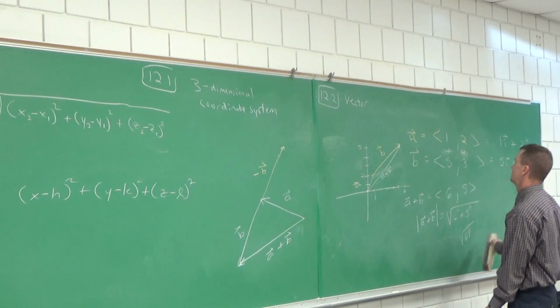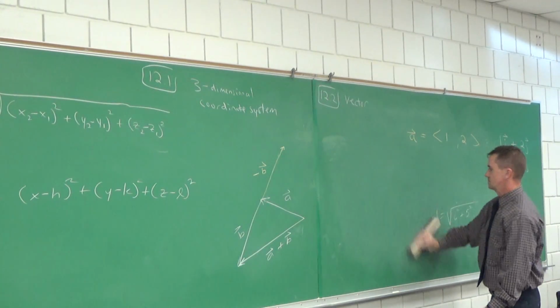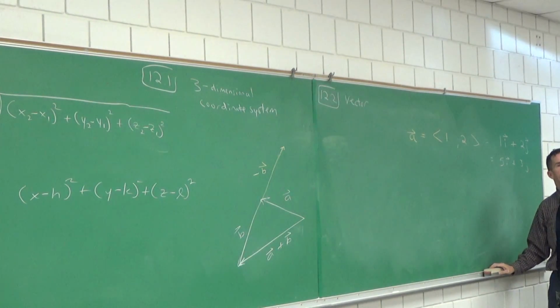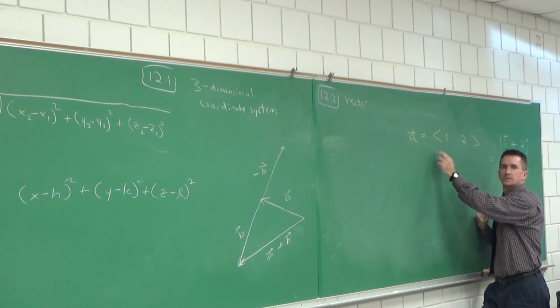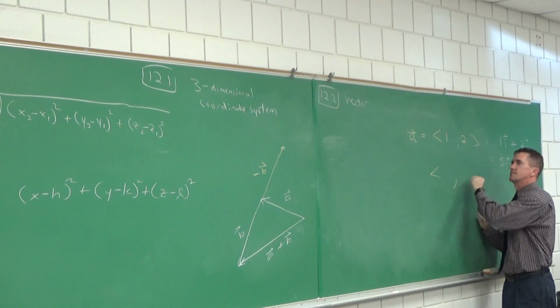All right, erase this. So negative b is just a vector that goes in the complete opposite direction of vector b, with the same magnitude. So what would negative a be here? What would happen to these?